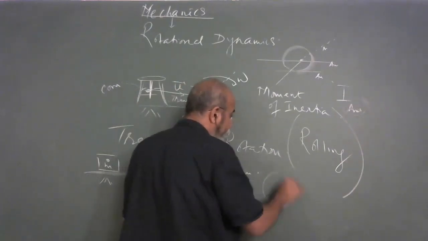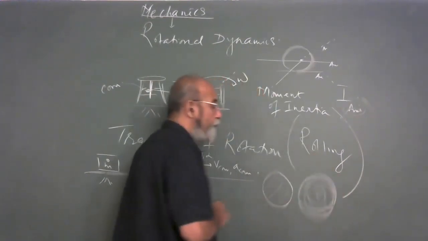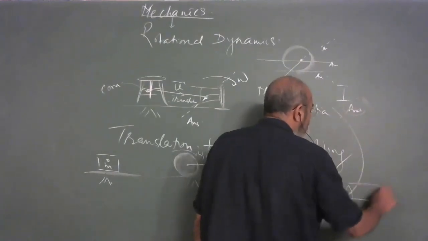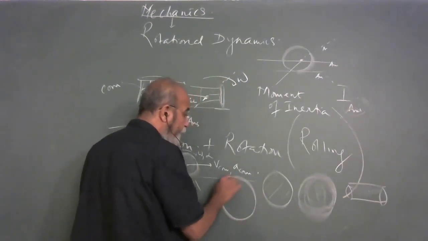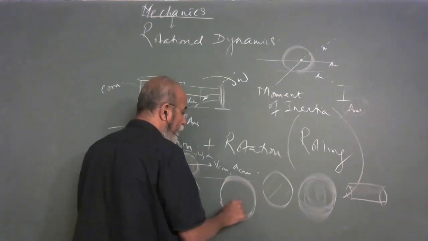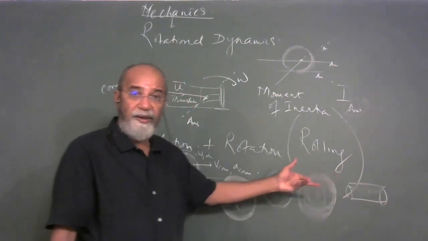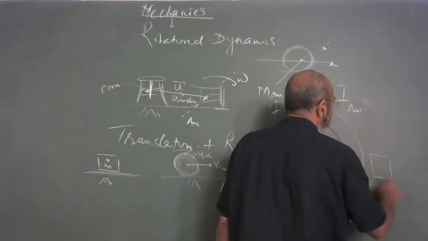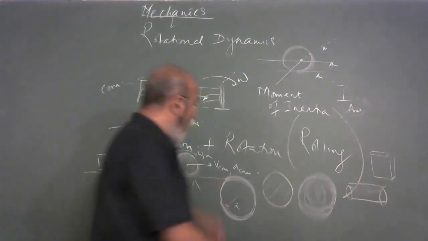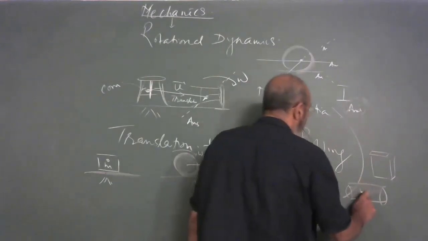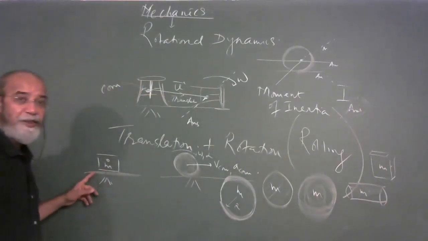This disk, this sphere, this rod, this ring, disc, sphere, rod, this book or this sheet, they all have the same mass, which was not the problem when I was discussing translation.